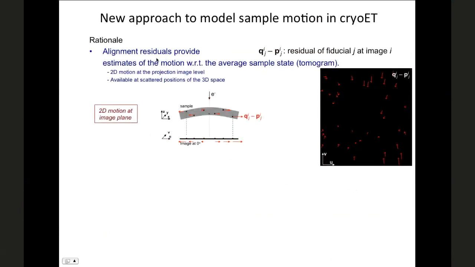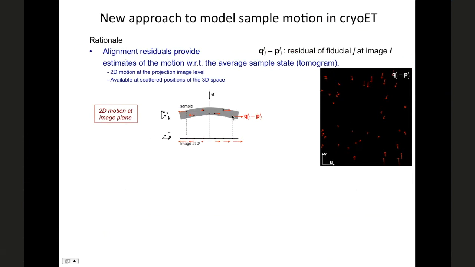The residuals from the standard alignment may provide estimates of the sample motion with respect to the average sample state reflected in the tomogram. So the standard alignment provides a tomogram, and this tomogram reflects an average state of the sample during the tilt series acquisition. If we pay attention to the residuals, let's focus on here.